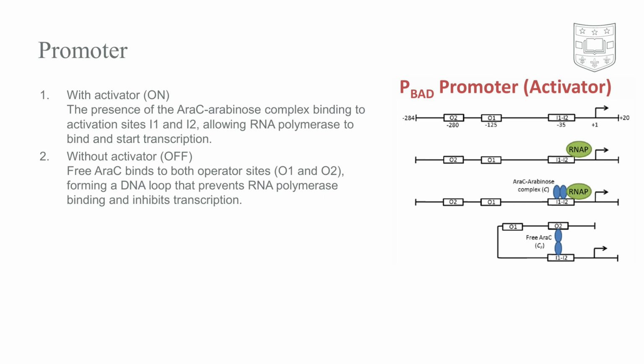Here, free AraC proteins bind to operator sites O1 and O2, forming a DNA loop. This loop physically prevents RNA polymerase from binding to the promoter, effectively inhibiting transcription. This dual functionality of AraC provides tight regulation of gene expression, making the PBAD promoter highly responsive to environmental conditions.